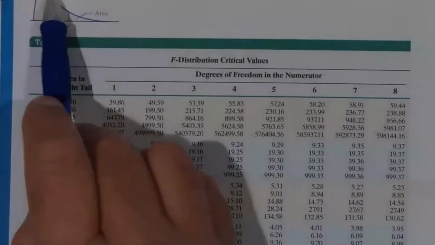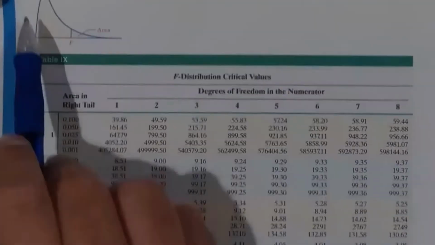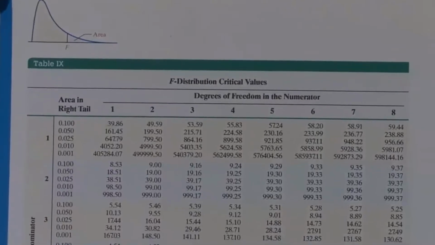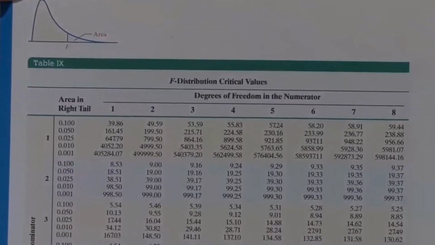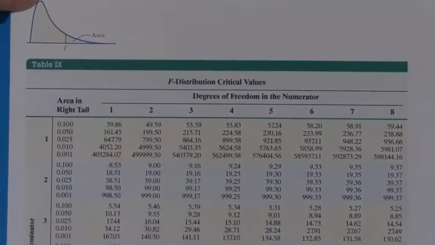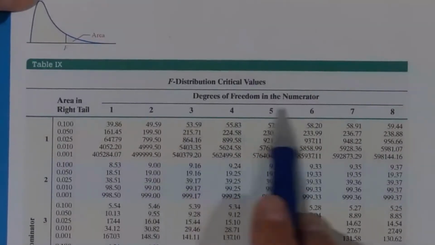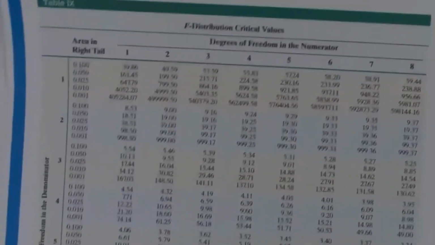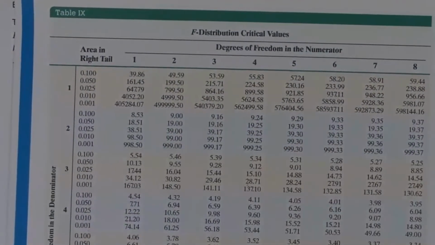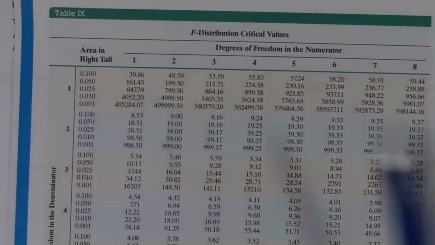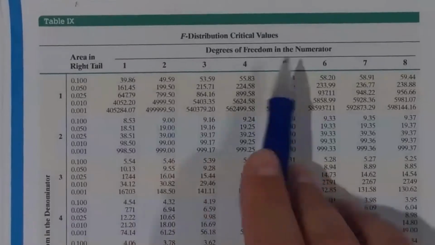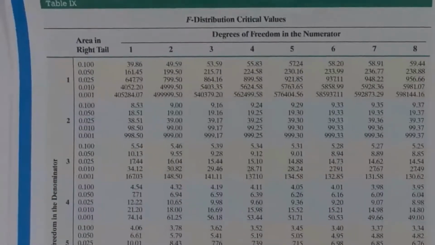And here we have the shape of an F distribution. So it is also skewed right, sort of like the chi-square distribution is generally a skewed right distribution. The specific shape is affected by both the degrees of freedom in the numerator, which is the degrees of freedom due to treatment, and the degrees of freedom in the denominator, which is the degrees of freedom due to error. So we have to look this up two different ways, dealing both with the degrees of freedom in the numerator and the degrees of freedom in the denominator.